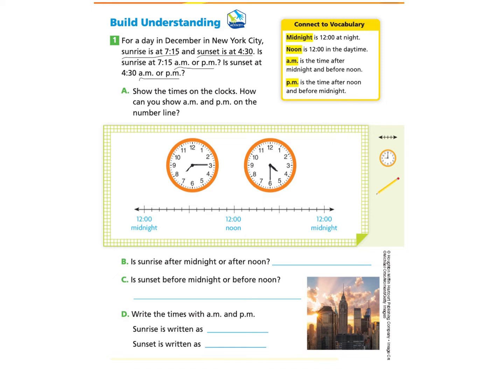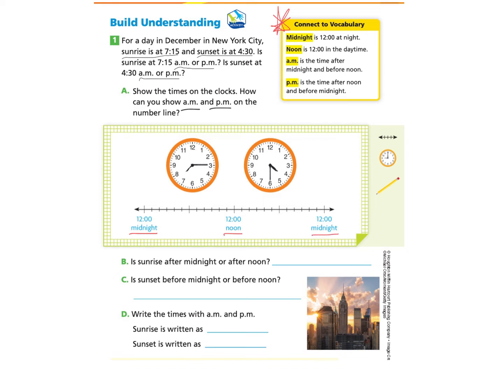Okay, the second part asks, how can you show AM and PM on the number line? So we need to connect to our vocabulary to understand AM and PM, and also midnight and noon, because at the bottom of our number line, we show 12 midnight, 12 noon, and 12 midnight.